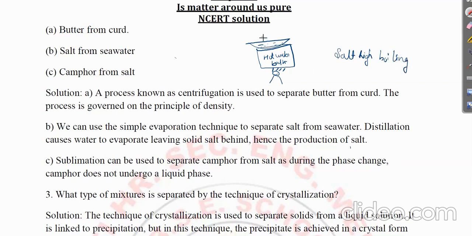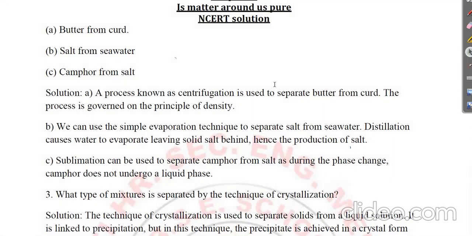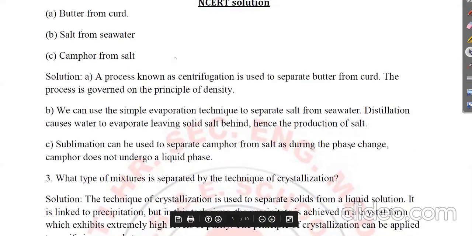All the camphor which was mixed with the salt has sublimated. This process is known as sublimation. Generally it is used for volatile solids, which are sublimated by the application of heat.